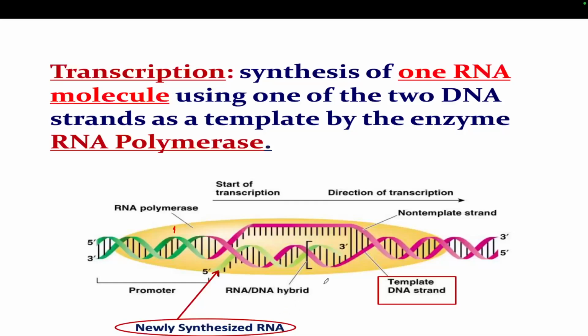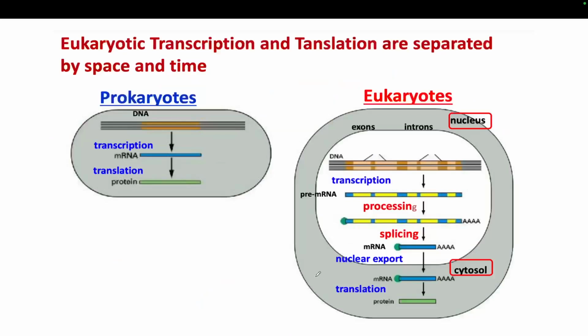Prokaryotic transcription is very different from eukaryotic transcription. Because the prokaryotic system is simple, only a single type of RNA polymerase participates in the transcription of different types of RNAs, whether mRNA, rRNA, or tRNA.